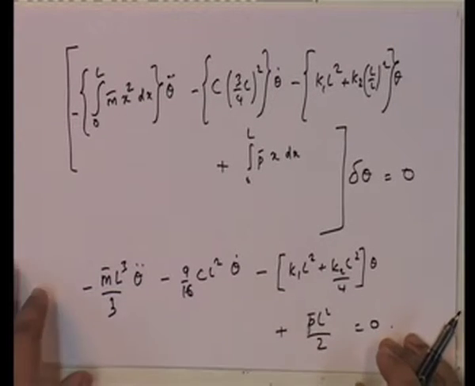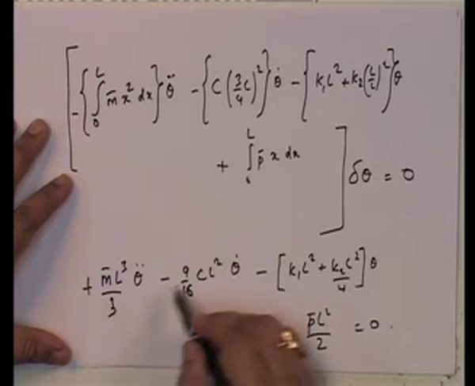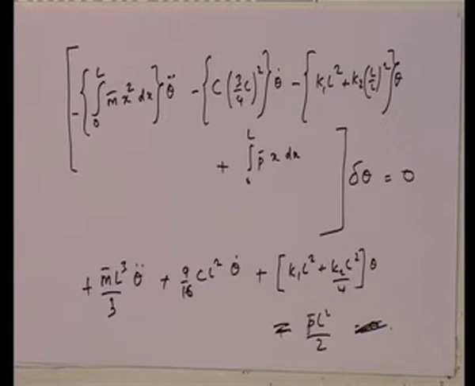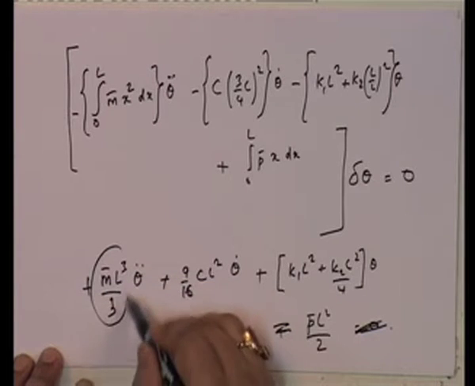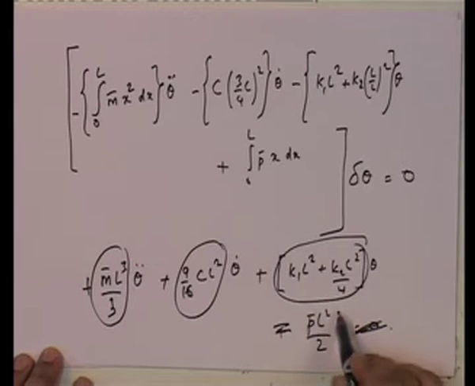And if I rewrite this, I am going to just put it in this form, this plus this is equal to this. That is all I get. This is my m star, this is my c star, this is my k star, and this is my p star.